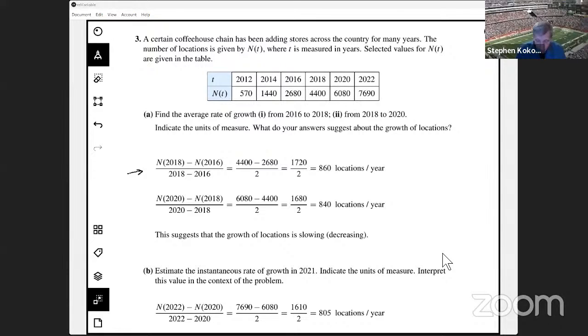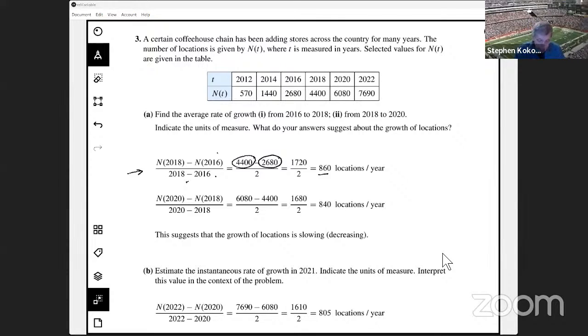I'm going to look at N of 2018 minus N of 2016, divided by the difference in the x's, change in the y's divided by the change in the x's. I get these values by pulling them from the table, and I got 860. The units are locations per year. So the average rate of growth from 2016 to 2018 is 860 locations per year.